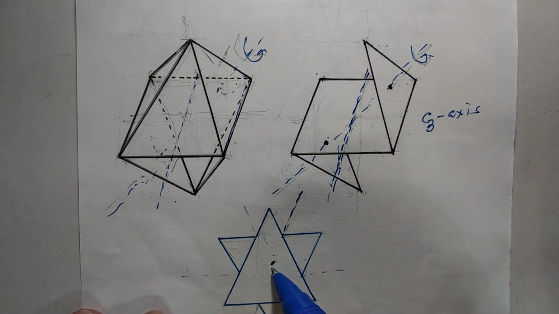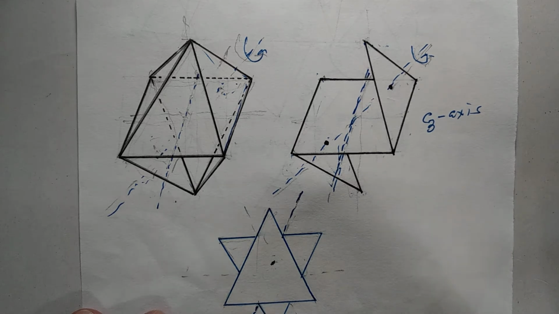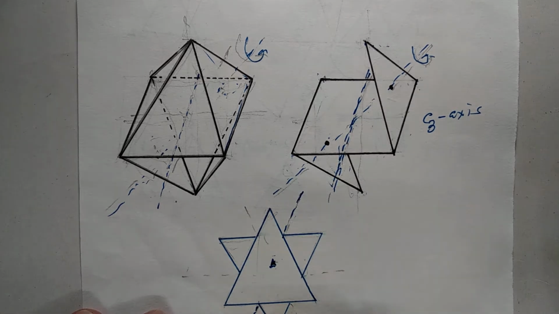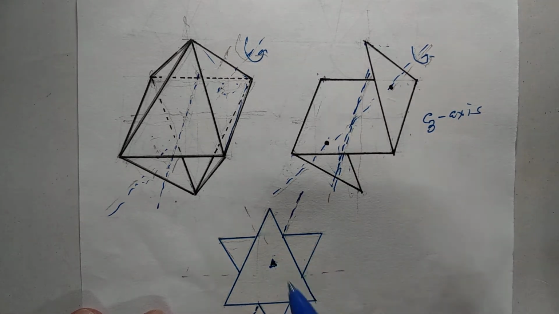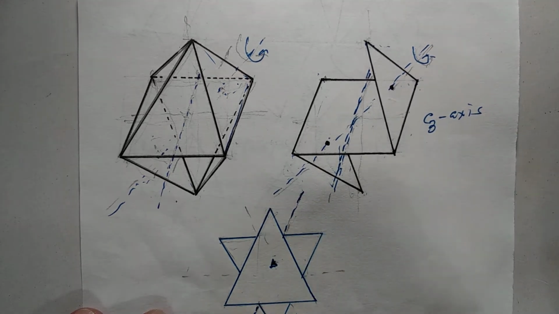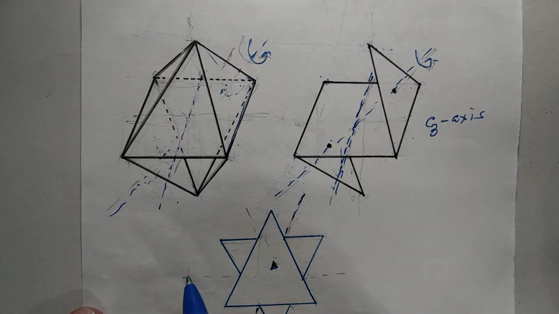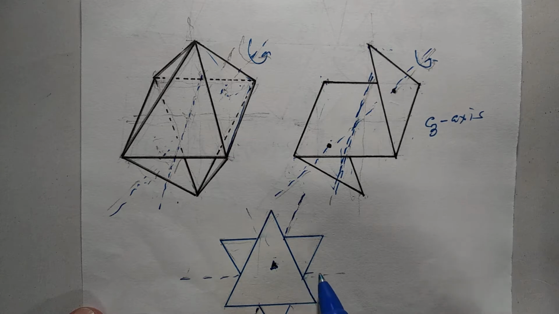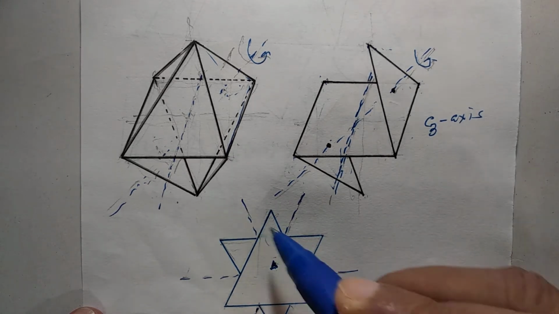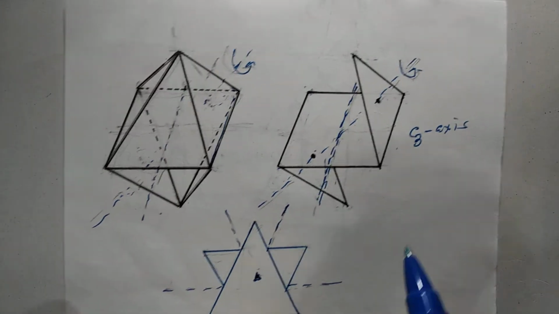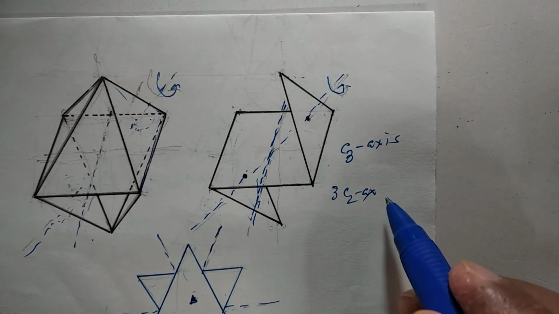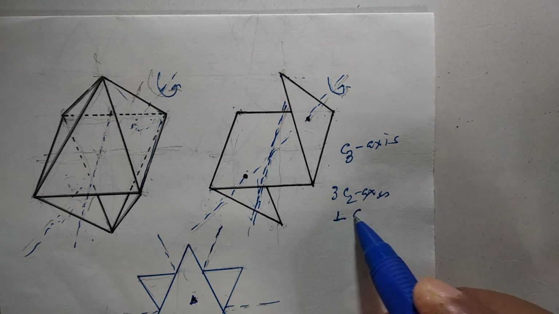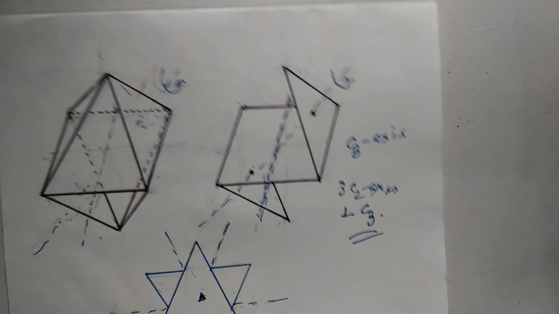This is a twofold rotation axis, C2 axis. C3 axis is written in this manner. It is perpendicular to the plane, and the C2 axis is like this. Similarly, there is another C2 axis like this, another like this. There are three C2 axes perpendicular to the C3 axis.